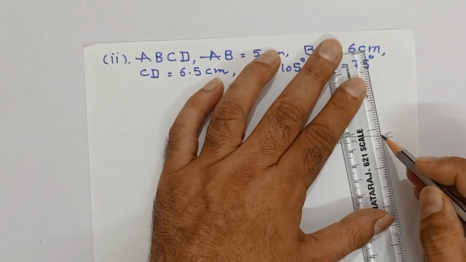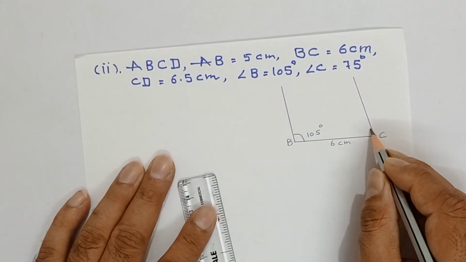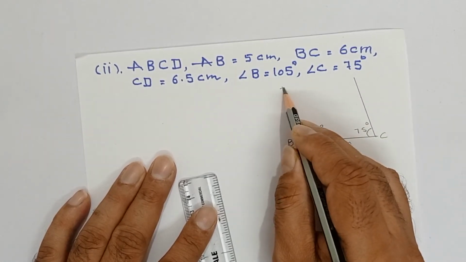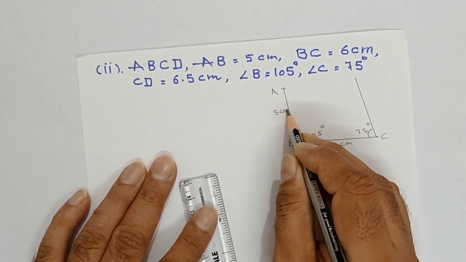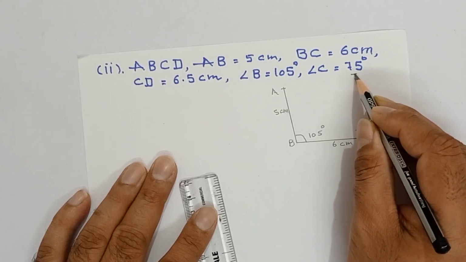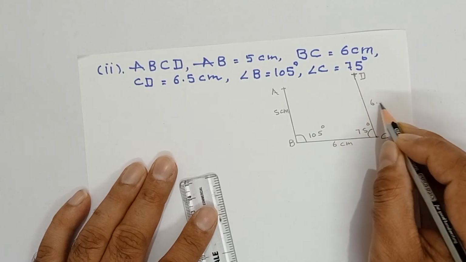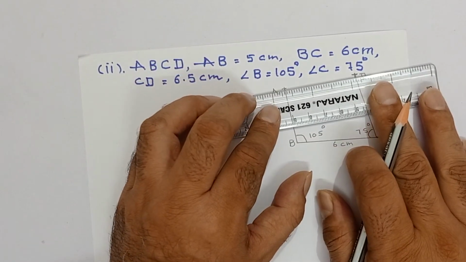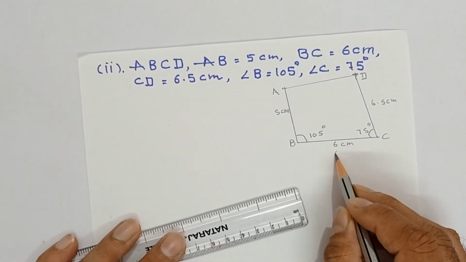C is 75 degree. 75 degree will be just like this. Then AB is 5 centimeter. Here you will cut this way. AB 5 centimeter and CD is 6.5 centimeter. This way you will cut CD 6.5 centimeter and you need to join this AD. This is the rough sketch.